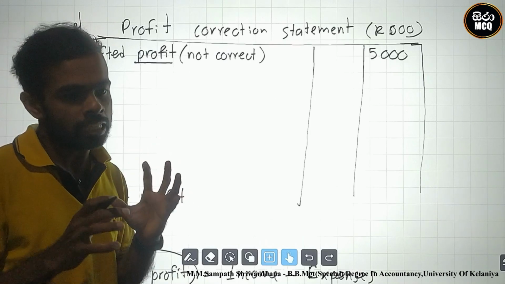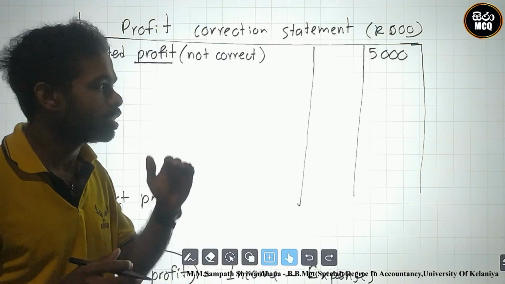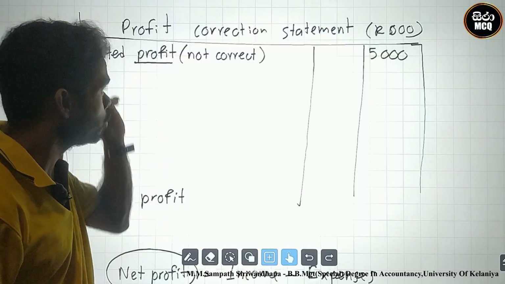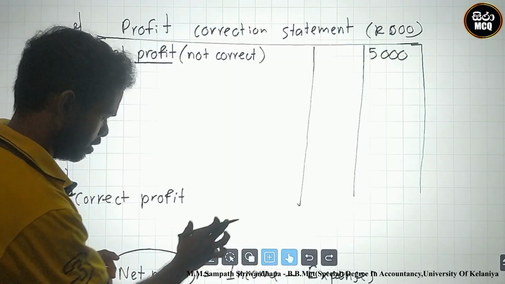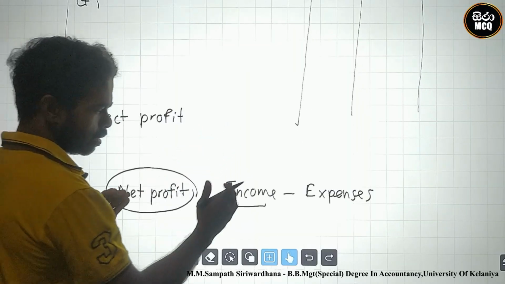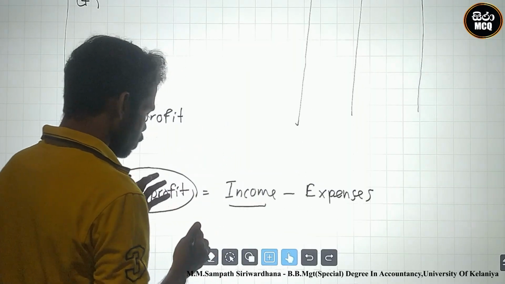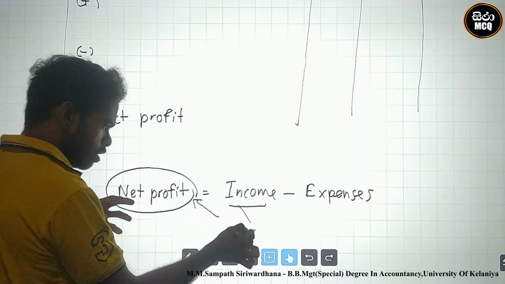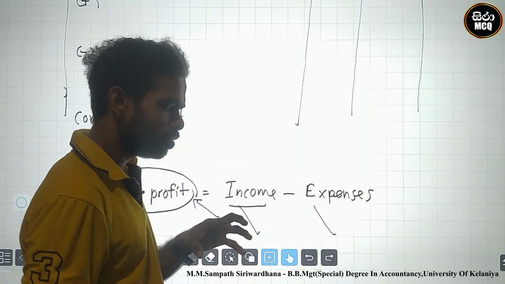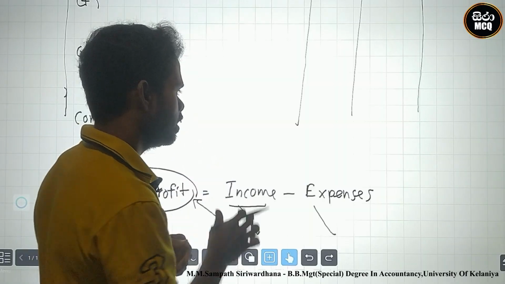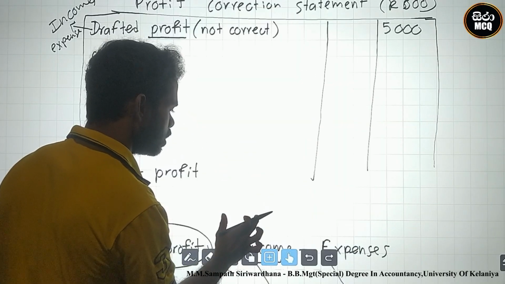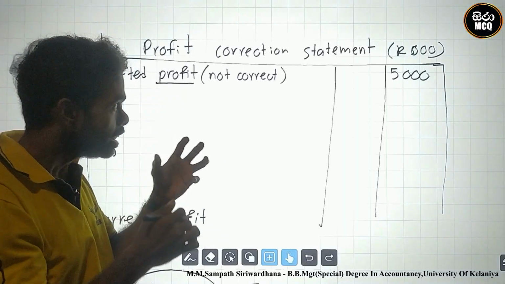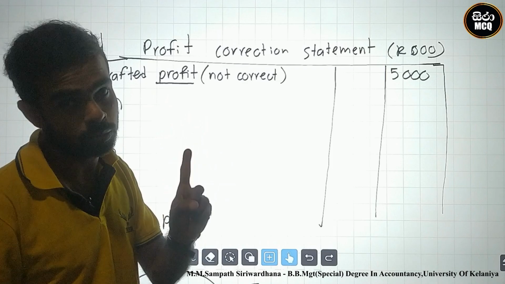Therefore, we use income and expenses errors to rectify this profit. The profit was calculated from income and expenses only, so we can impact this profit using these. Therefore, at the error correction, we use expenses and incomes to adjust this profit.